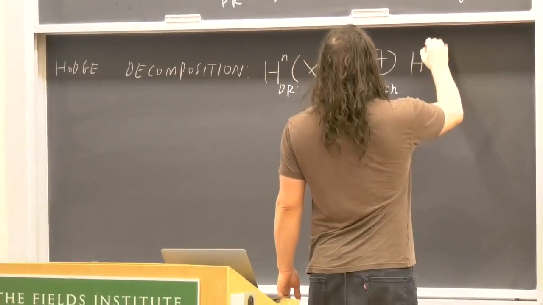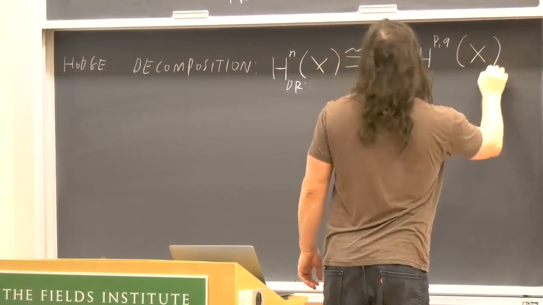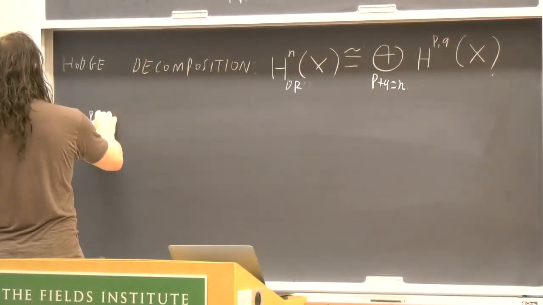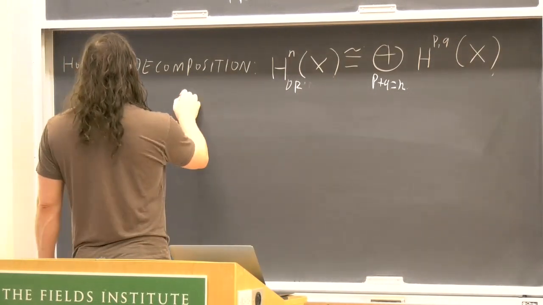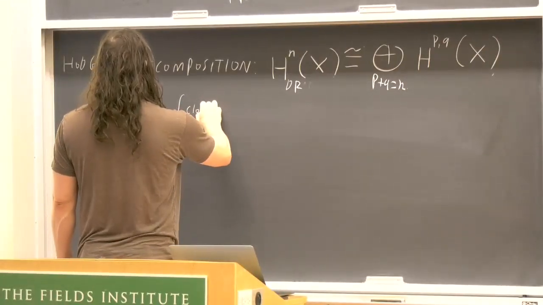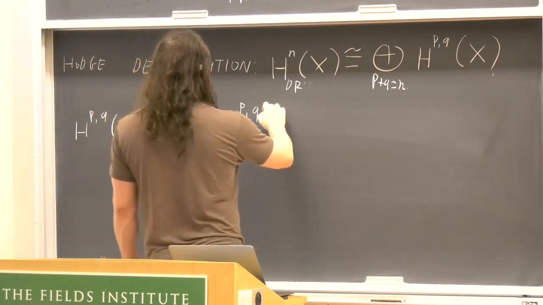Of what we call H^{p,q}(X). And what is this H^{p,q}(X)? Well, what this is here is closed (p,q)-forms.